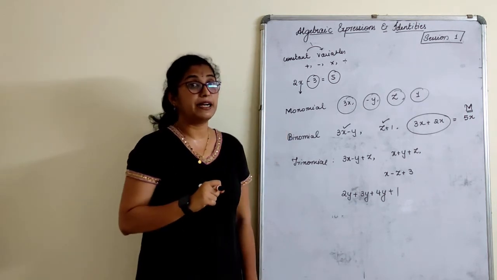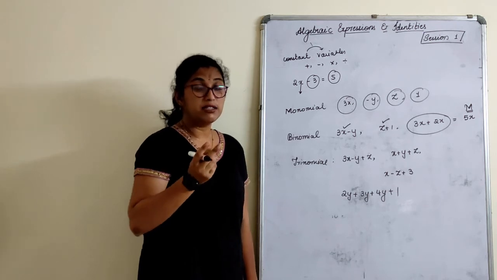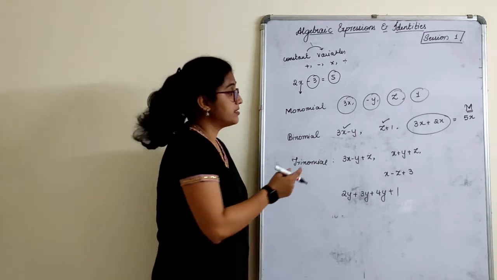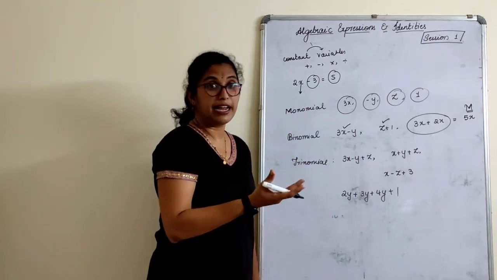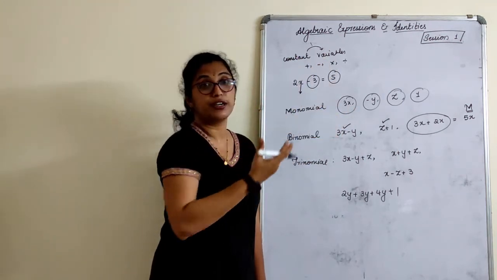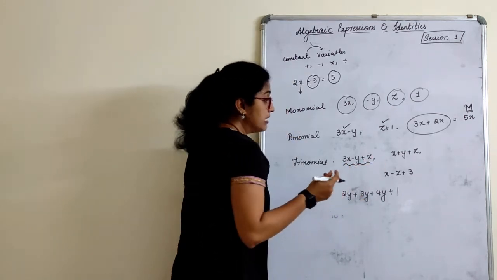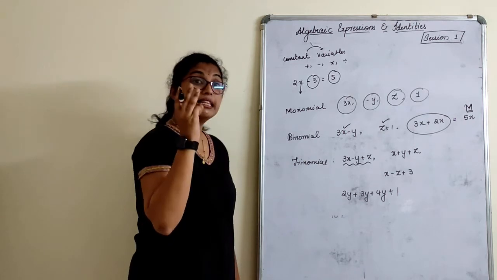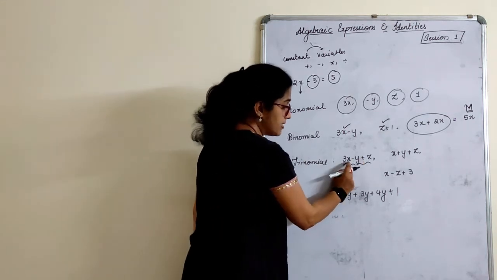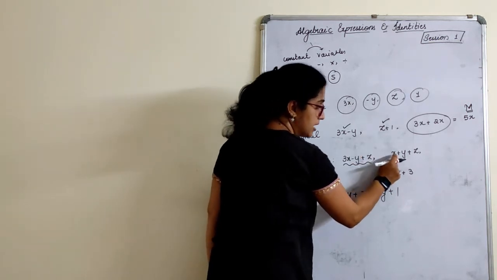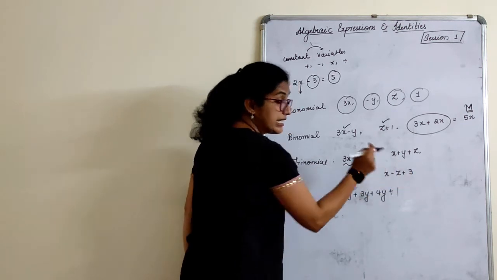So how do we define a binomial? An algebraic expression containing two unlike terms separated by plus or minus. When we talk about like terms, we add or subtract them and form whatever term is asked. Now look here, an algebraic expression containing three unlike terms separated by plus or minus: x, y, z are unlike terms.